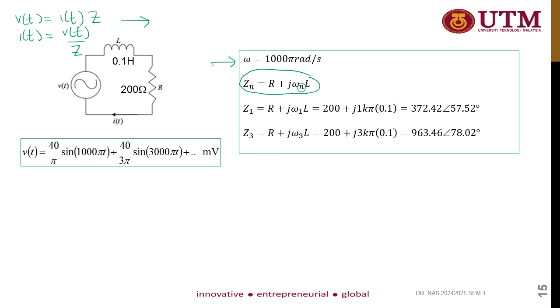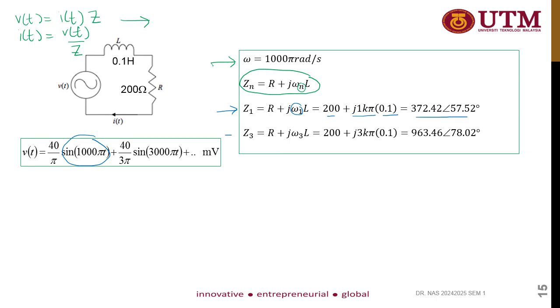Okay, so in this case, Z1 equal to R plus j omega 1 L. So this is for the first harmonic, omega 1. So 200 is your R plus this is your omega L. Okay, and then convert this equation into polar form.